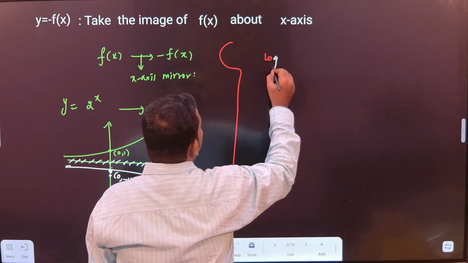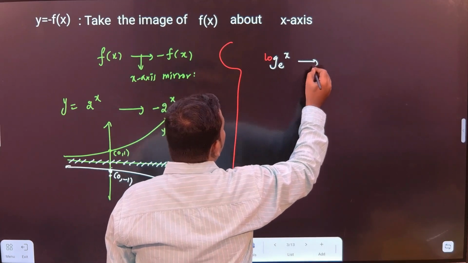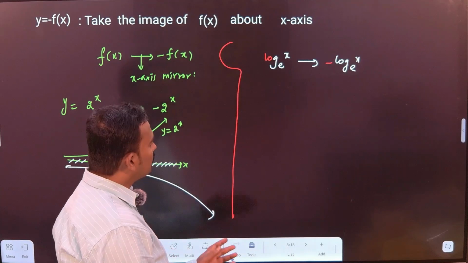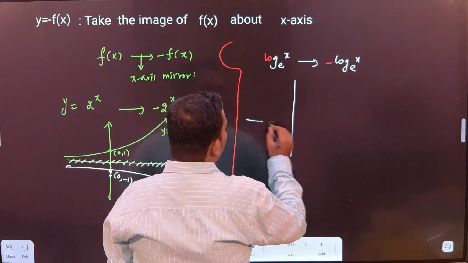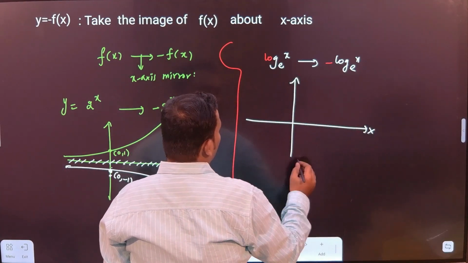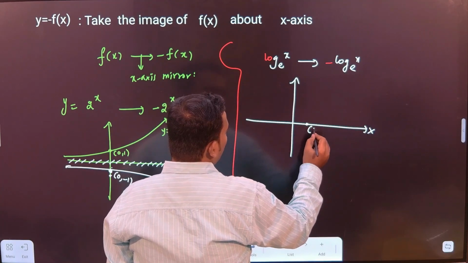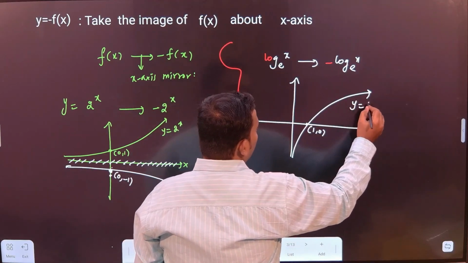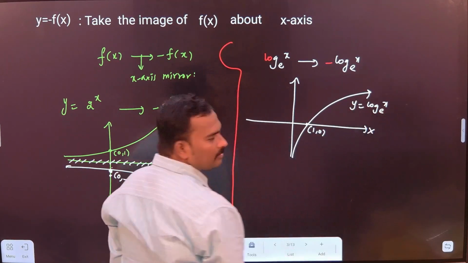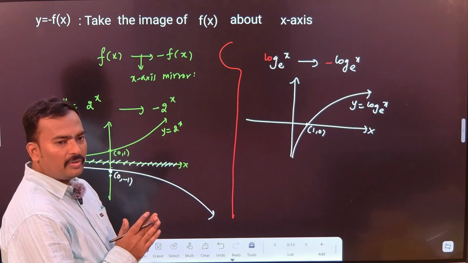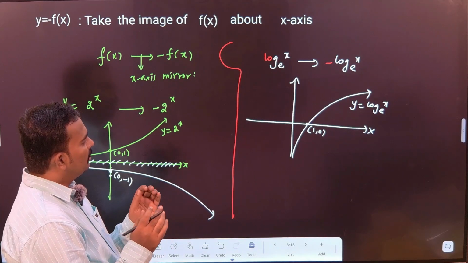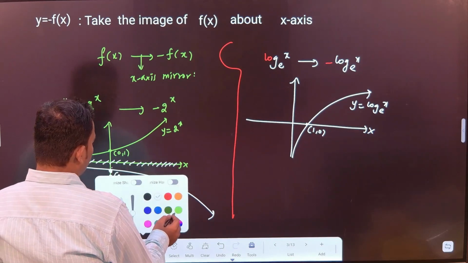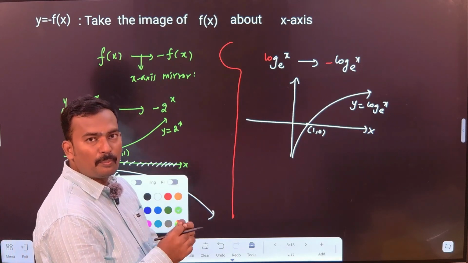Next, let us take another function. So, log x base e changes to minus log x base e. How to do this? The same idea. The log x graph is there, no? Log x graph is passing through 1, 0, like this. This is the graph of y is equal to log x base e. Then you just take the x-axis as the mirror, because f of x changes to minus f of x.